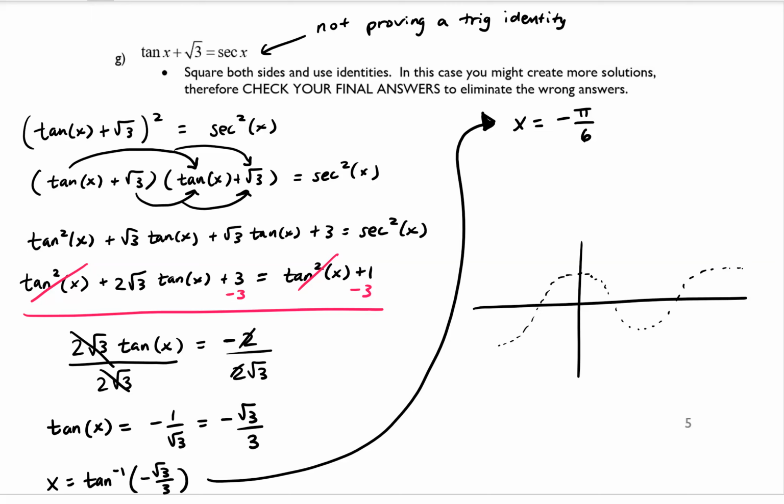And cosine looks something like that. And I know that cosine is 0 at pi over 2 and 3 pi over 2, which is also the location of the vertical asymptotes for tangent. Okay, so secant looks something like that.